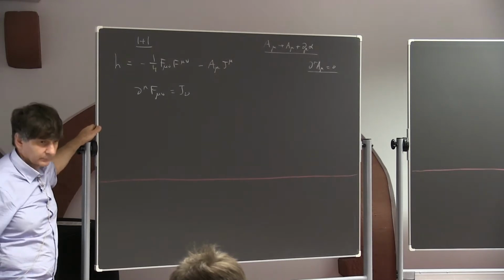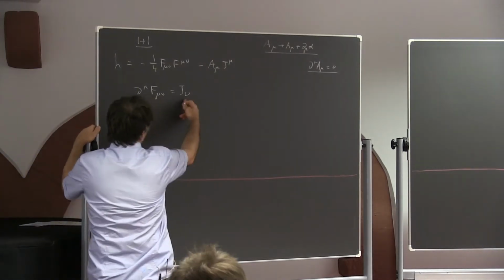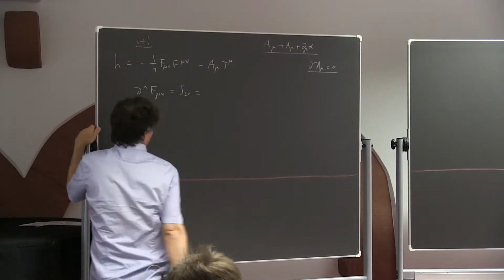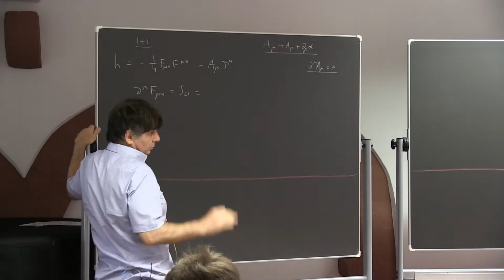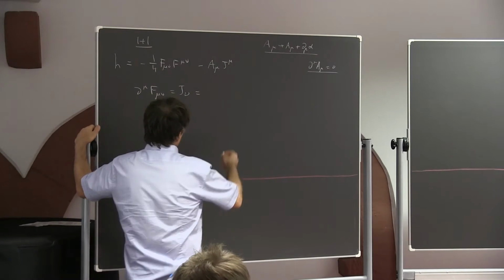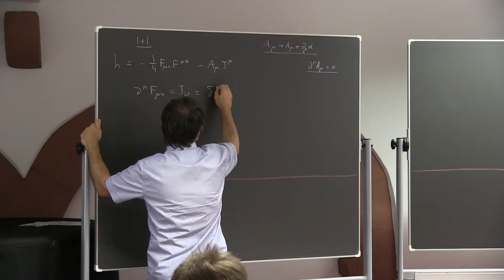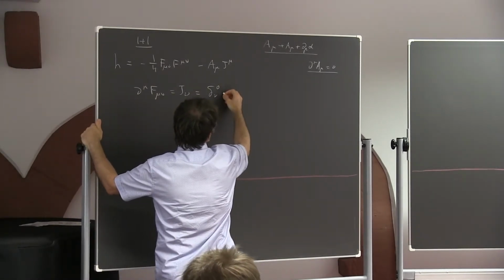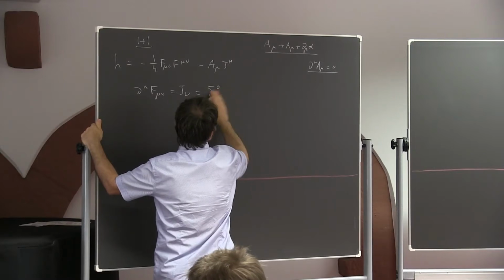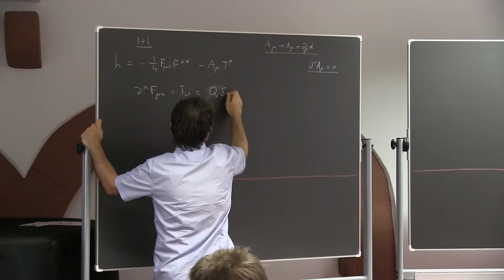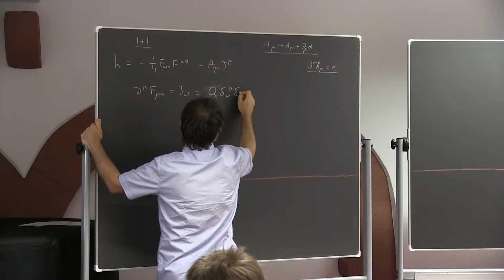Secondly, it also allows a constant electric field solution. Now, for instance, if I choose a source to be a particle of charge q localized at some point x = 0, I can choose the source in this form: q delta of x.